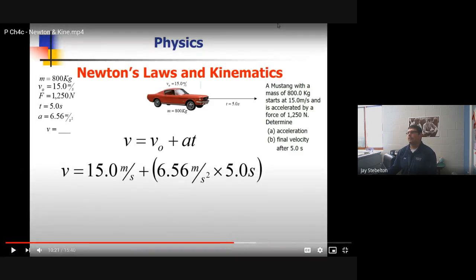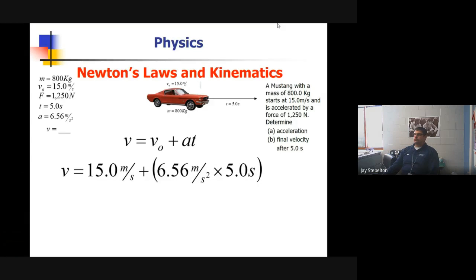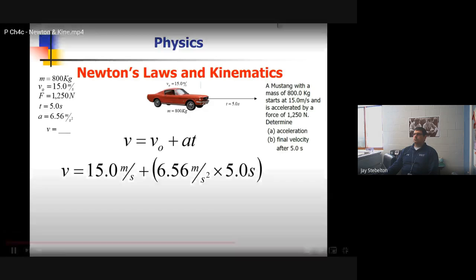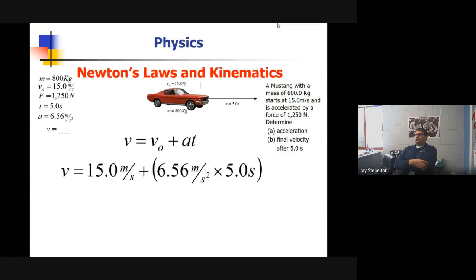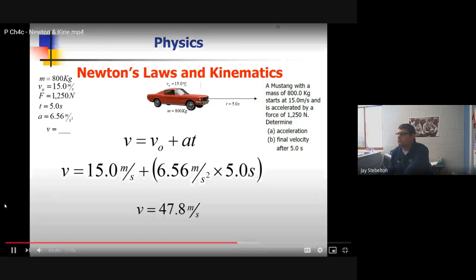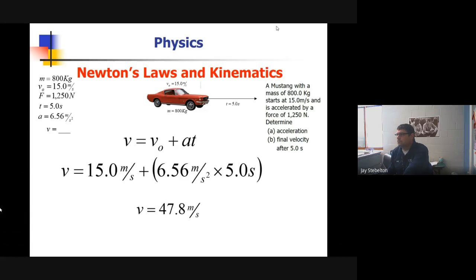Parentheses are important. So actually try this on a calculator right now, because just like before, a lot of times the most difficult part is plugging it into a calculator. So type this in and see if you get the answer that we come up with. What do I get? .8 meters per second.